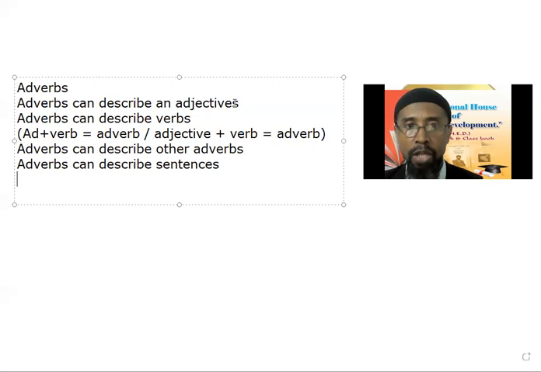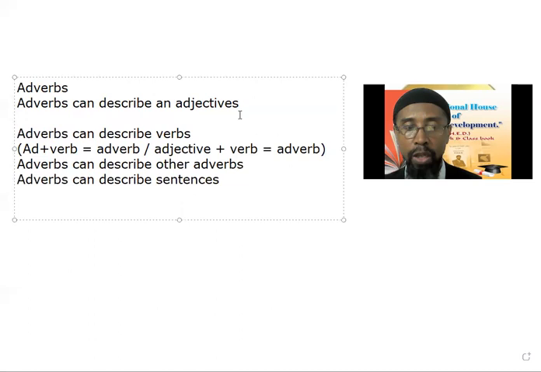Let's take a look at some examples for each one, just so it can be very clear. The best way to understand anything is through examples. So let's take a look at an adverb describing an adjective. Let's say, he is very fat.